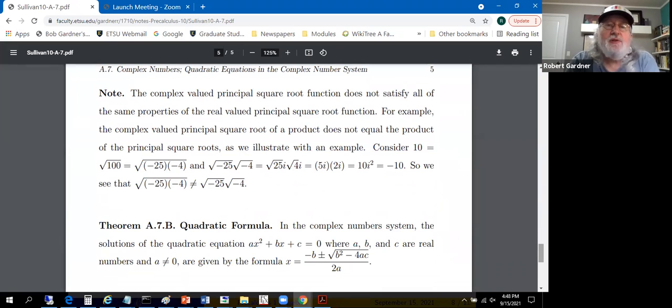That definition comes with some slight difficulties. The complex valued principal square root function doesn't satisfy all the same properties of the real valued principal square root function. For example, if we were to take the square root of 100, you know the square root of 100 is 10.